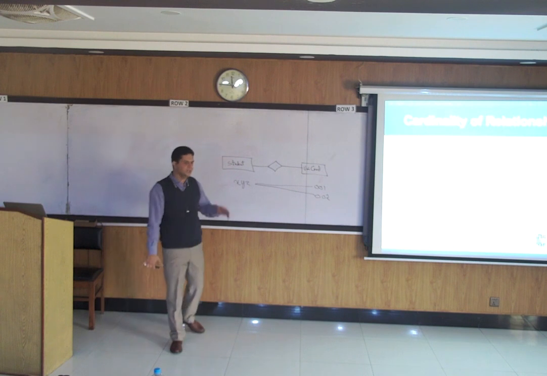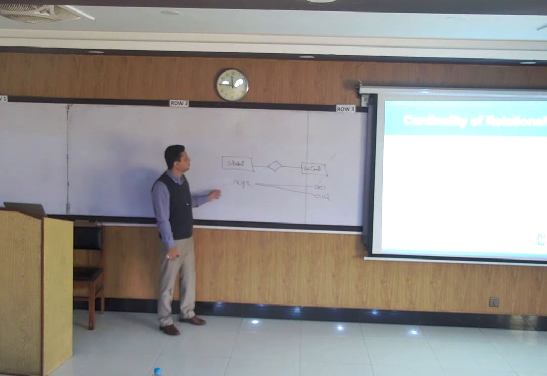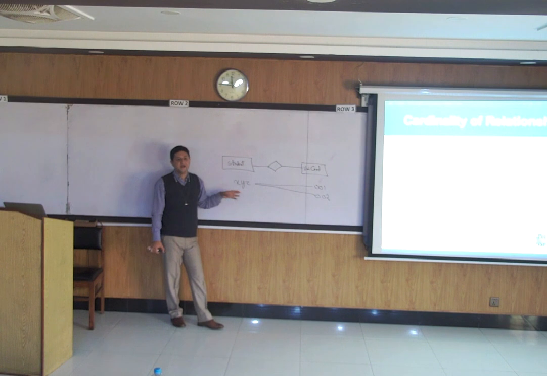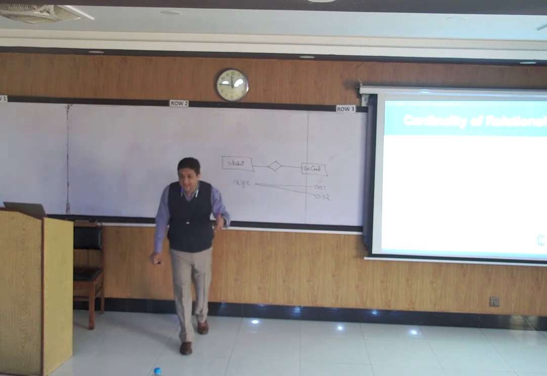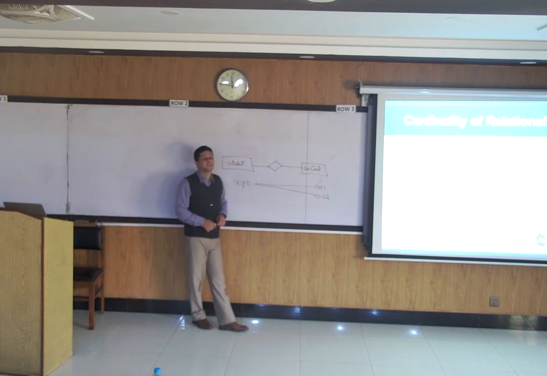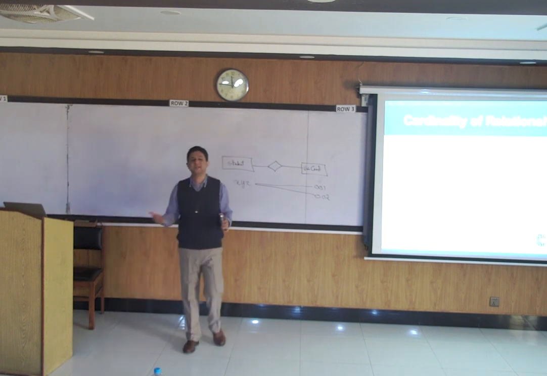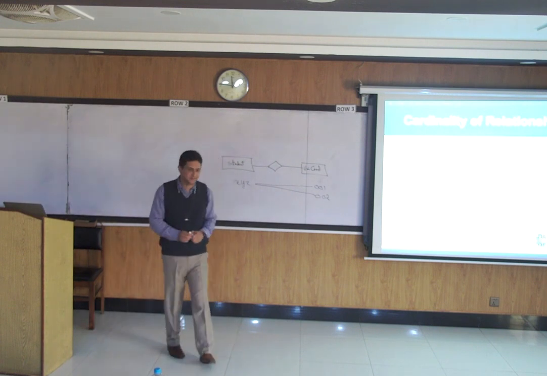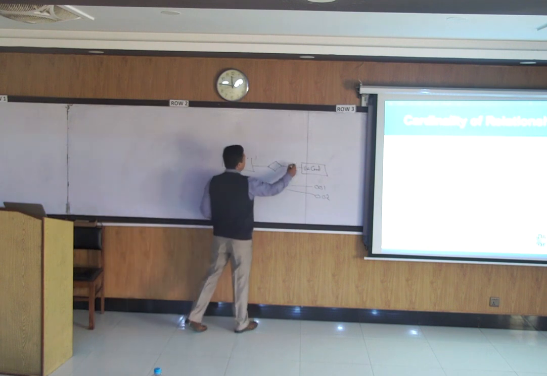Okay, a cardinality that is 1 to 1 from one side and 1 to many from the other side is a 1 to many cardinality. And we need to specify which side is many. There are many notations that are used to represent this. For example, we can write one and many.